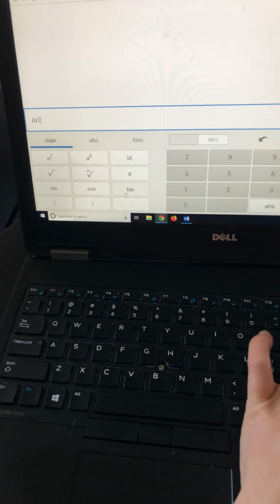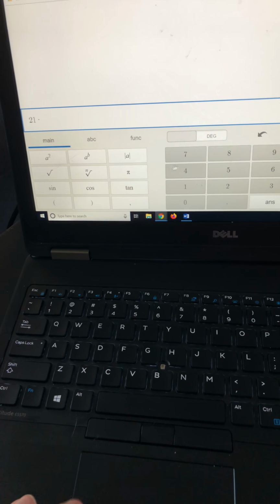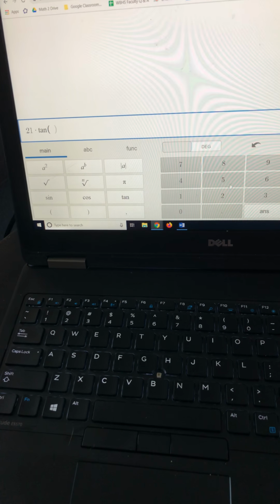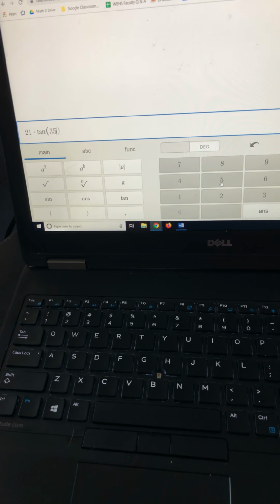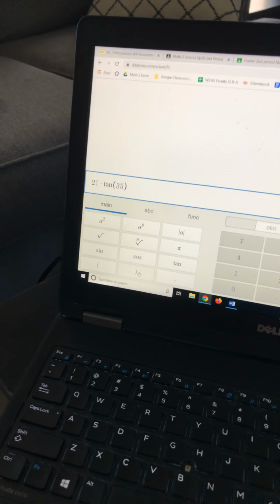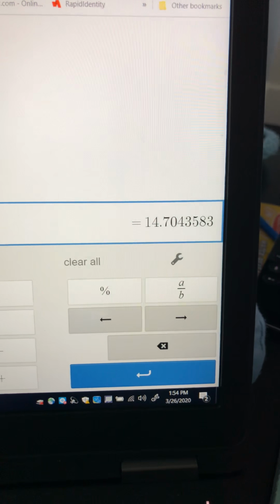Wow, I cannot type today. 21 times tan of 35. Close parenthesis. So it looks exactly how it's supposed to be, and our answer is 14.7.